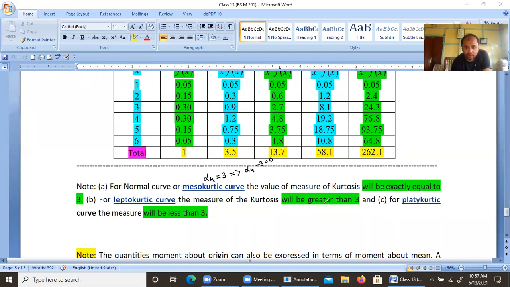If we have a leptokurtic curve, where alpha 4 is greater than 3, then alpha 4 minus 3 is positive, and for a platykurtic curve, we are going to have alpha 4 minus 3 less than 0.